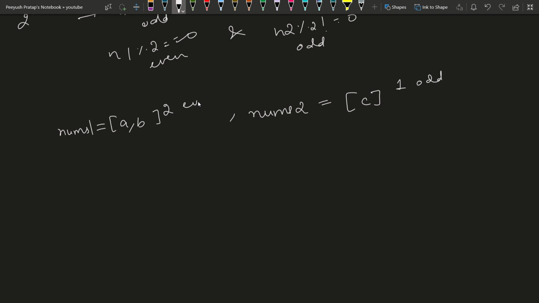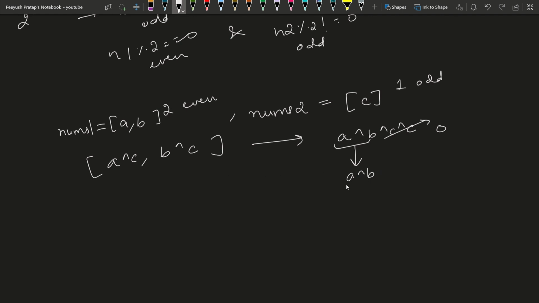So what is happening here? Again, if I do XOR of this, then it will be A XOR C and again B XOR C. And if we try to do XOR of these two, it will be A XOR B XOR C XOR C, and again this will become 0. And what is this A XOR B?